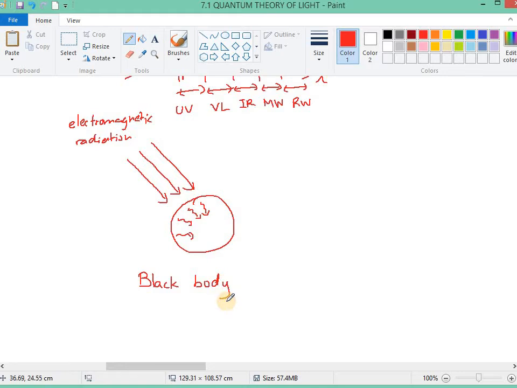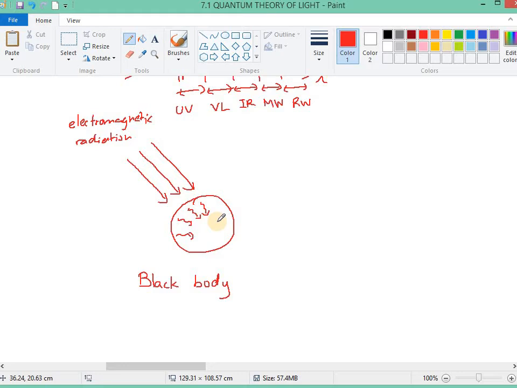So this black body is an ideal object that can absorb all electromagnetic radiation. It absorbs them perfectly. None of it will be reflected. After the energy from the electromagnetic radiation is absorbed, it will be converted into thermal energy.